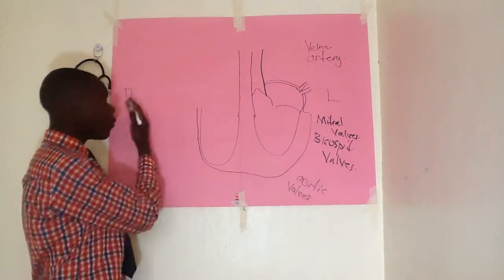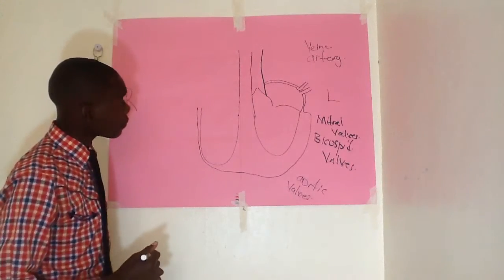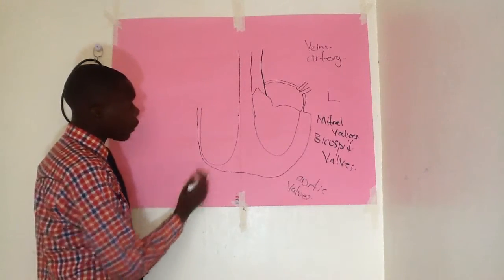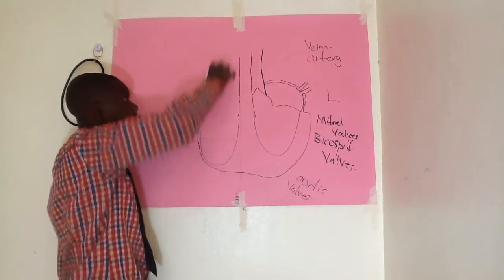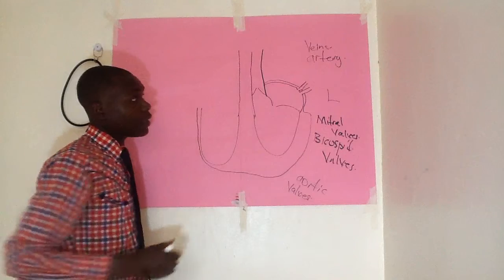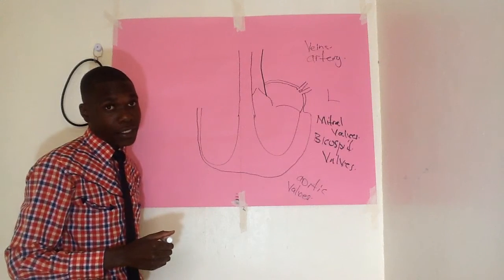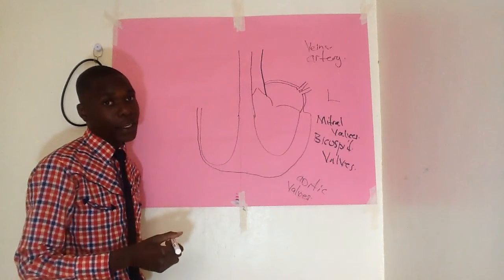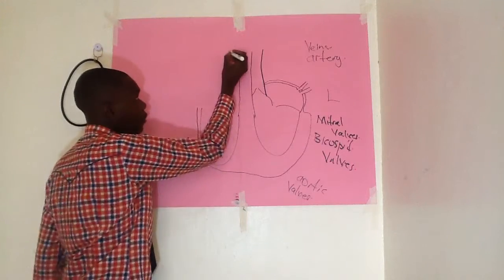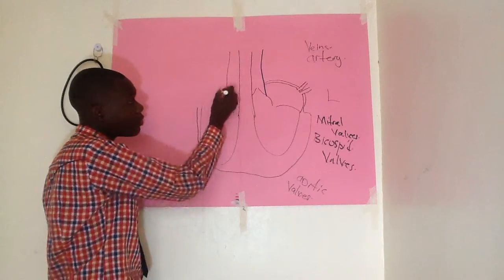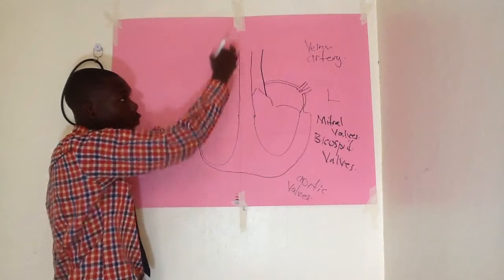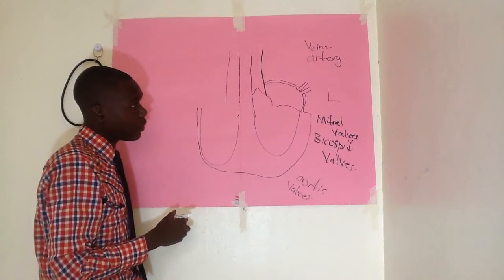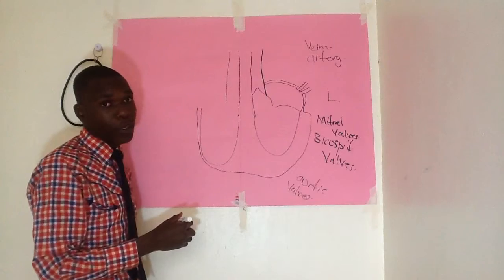So, when we move to the right ventricle, we have a blood vessel carrying blood from the right ventricle to the lungs. Pulmonary means lungs. Because this blood vessel is carrying blood from the right ventricle to the lungs for oxygenation, it is going to be called pulmonary.